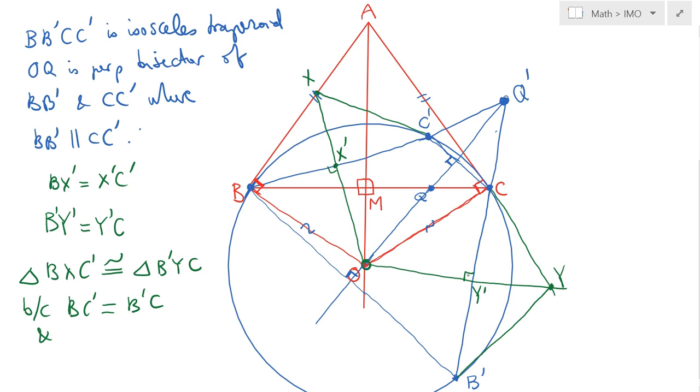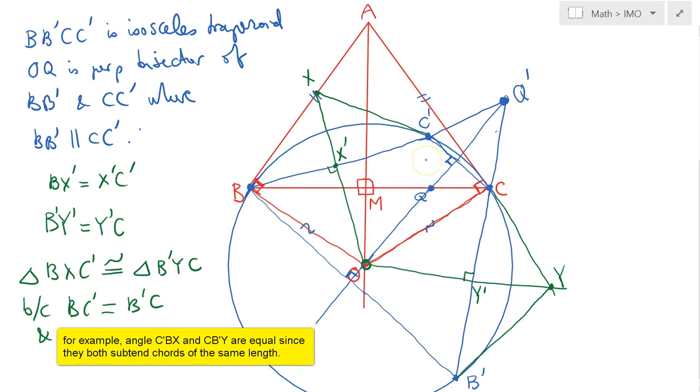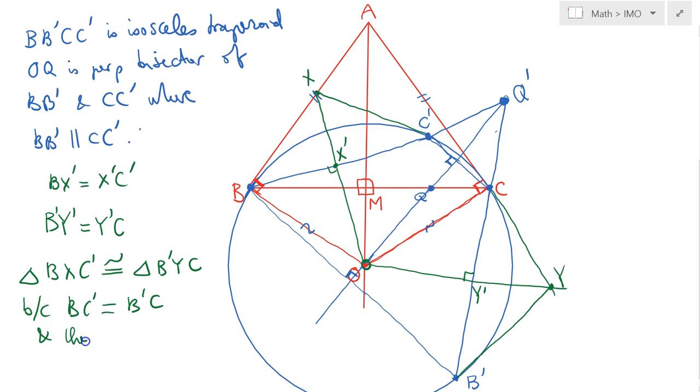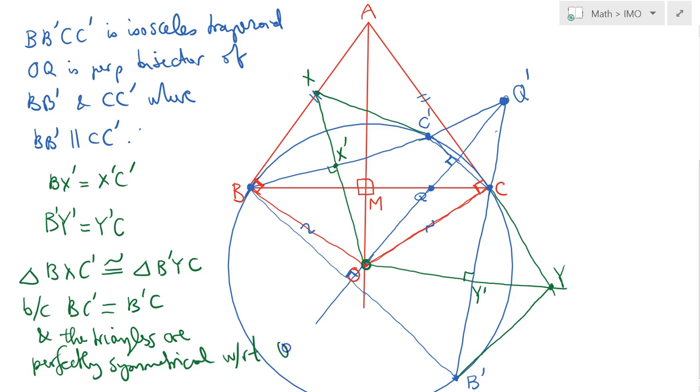So it is in fact the case that these triangles are constructed in such a way that they are exactly symmetric with respect to OQ. And for example, if you will, you can also consider some additional facts, because the triangles are perfectly symmetric with respect to OQ.